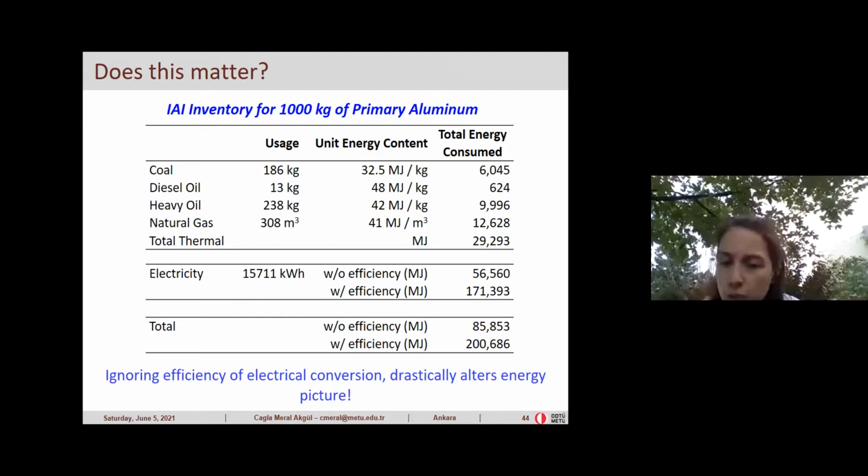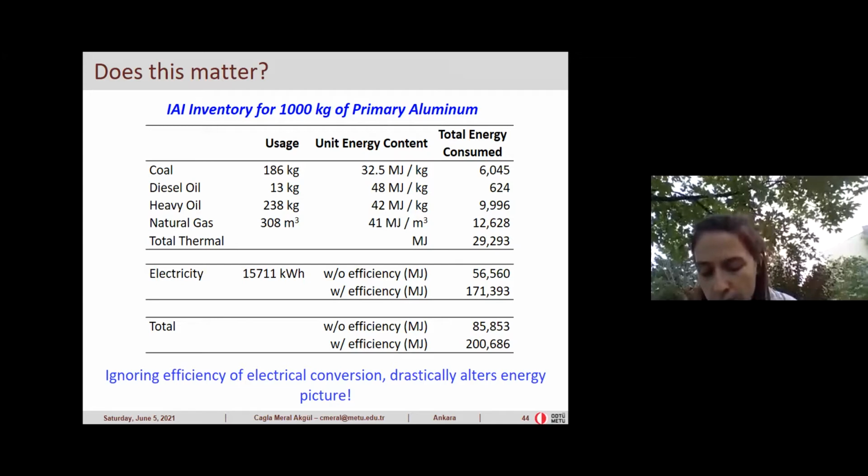If you exclude efficiency, then you will say this is actually 56,560 megajoule. But if you include the efficiency, it is actually almost 171,000 megajoules.